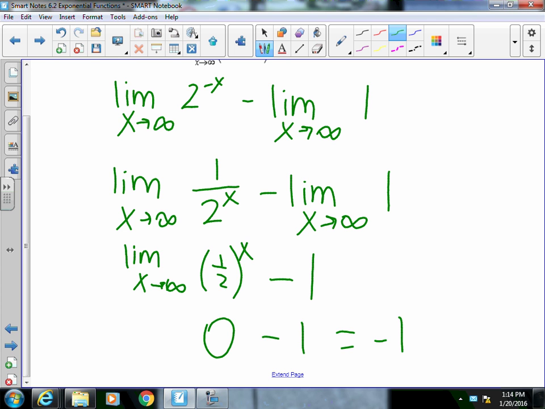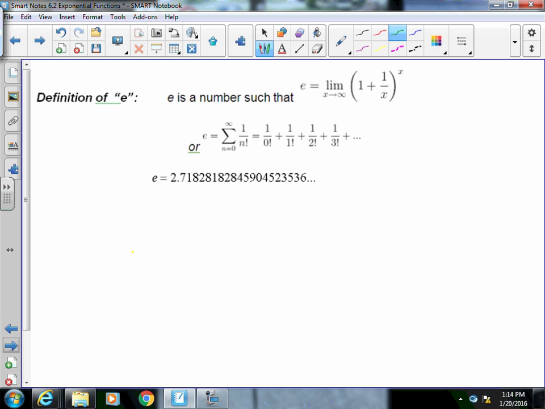Now, we're also going to introduce a number to you that you've seen before, but you may not remember what it equals, and it is the number e. E is technically equal to the limit as x approaches infinity of 1 plus 1 over x all to the x power, or it is the summation from 0 to infinity of 1 over n factorial.